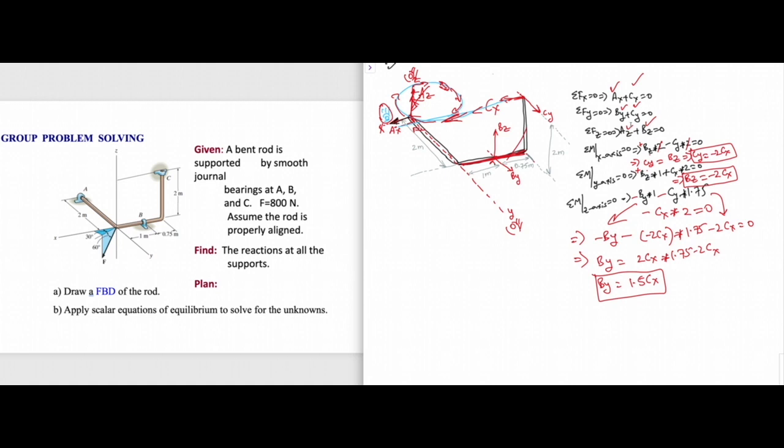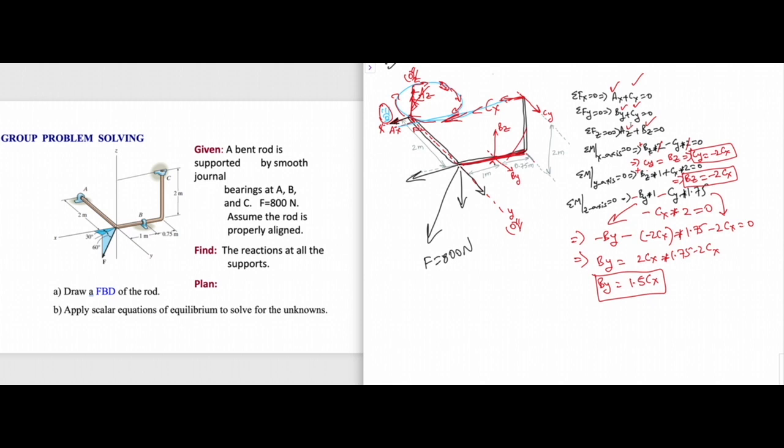But in this problem, for this free body diagram I only took the supports into effect. But if you observe carefully, in addition to the supports, what we have is this force F, which is 800 Newton. And we have to split this 800 Newton into the x-axis, y-axis, and z-axis.